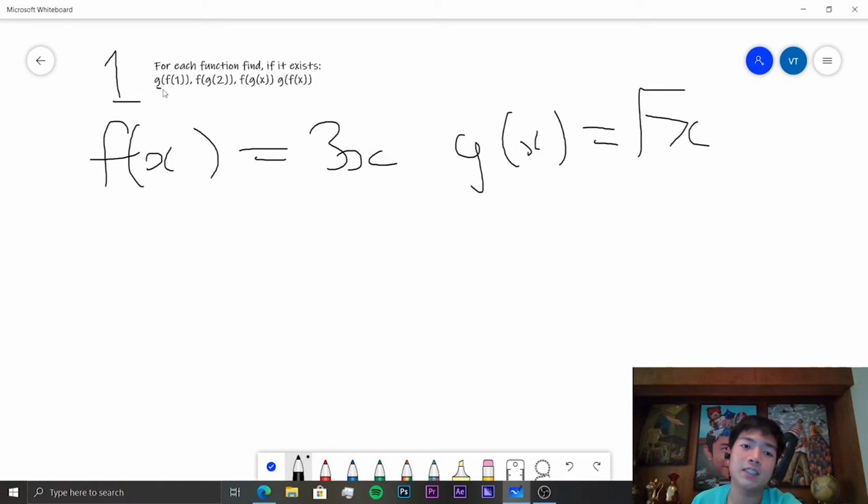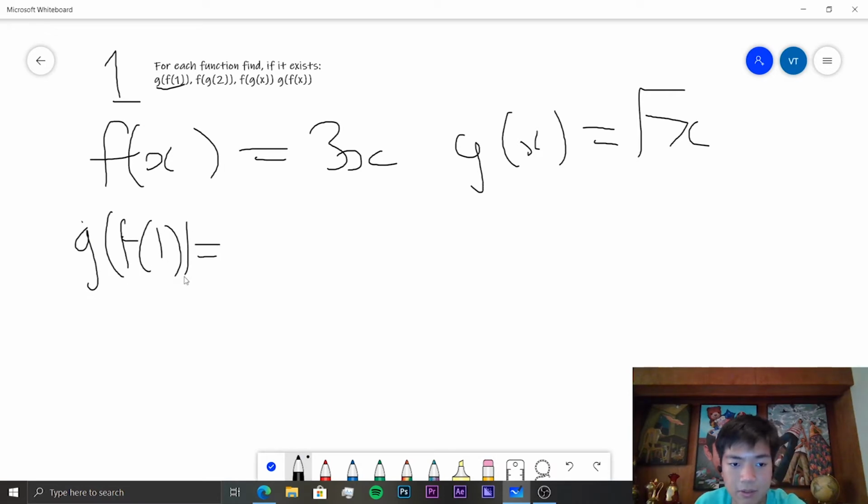Alright, so first let's find g(f(1)). g of f of 1 is going to be equal to g of, what's f(1)? That's 3 times 1, substituting that in, which is g of 3, of course.